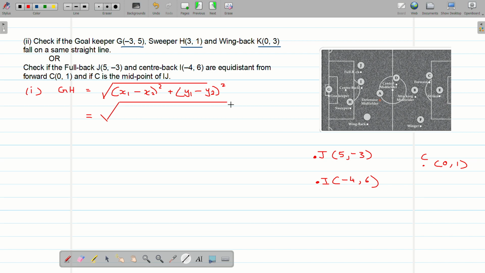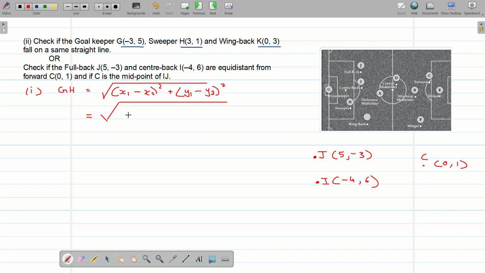That is equal to square root of, x1 is minus 3, y1 is 5, x2 is 3, y2 is 1.